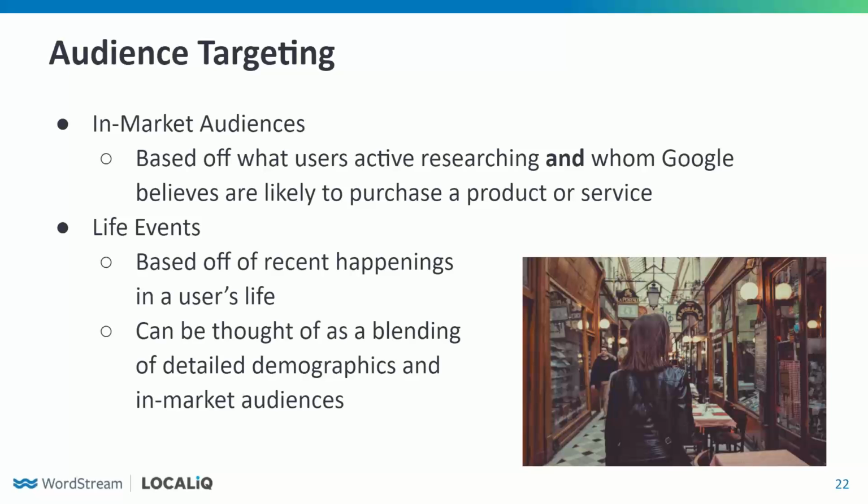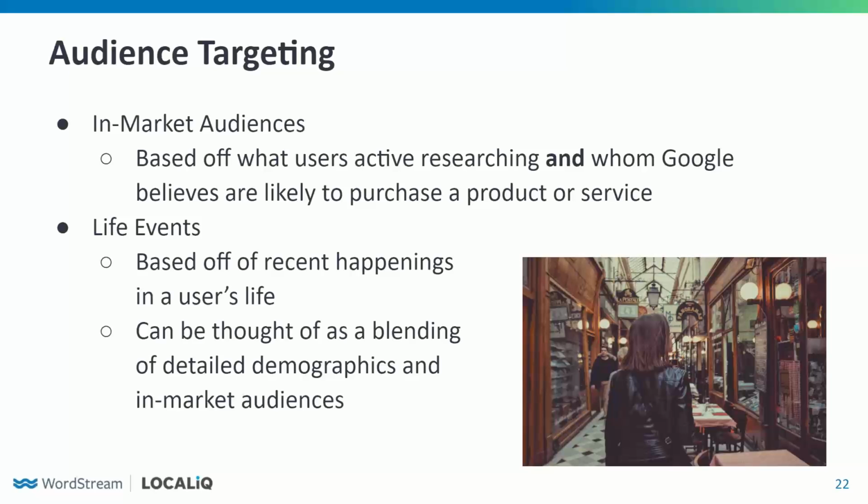Something slightly adjacent to in-market audiences are life events. As opposed to active research or something that Google believes a user is likely to make a purchase, this is based off of recent happenings in a user's life. So if someone has recently gotten married, recently started a new job, recently moved, these are different targeting options that we could be using to match up to potential customers on the display network.